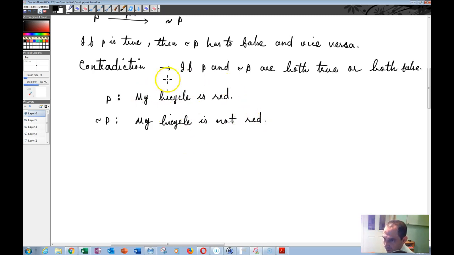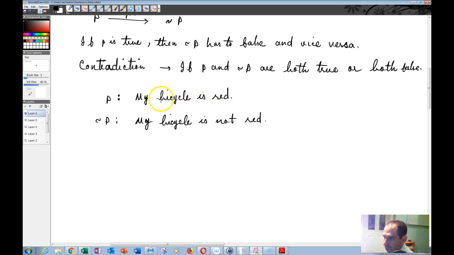So now, even by the meaning of these statements, you can understand that if my bicycle is red, if this statement is true, then of course this statement has to be false, because my bicycle cannot be red and not red at the same time.